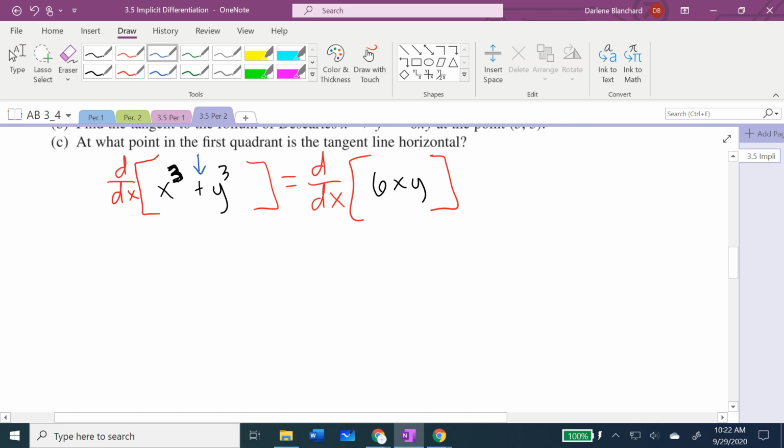With the addition sign, I get to separately take the derivative. So derivative of x cubed with respect to x, 3x squared, plus. I'm not taking the derivative with respect to y. I need to then treat y as a baby.